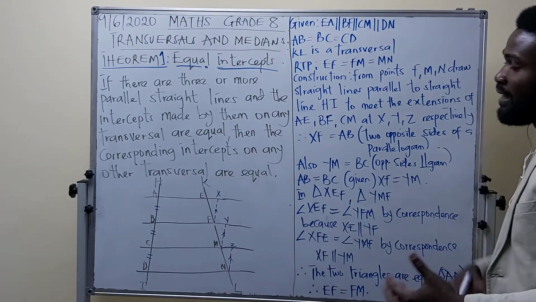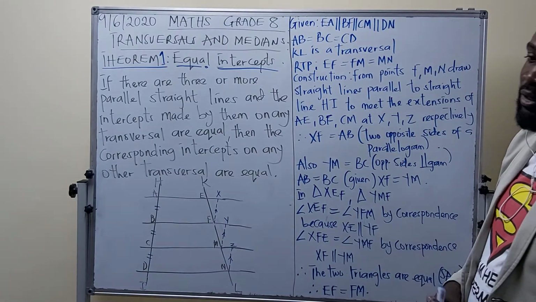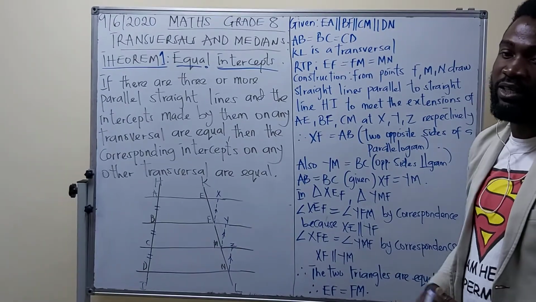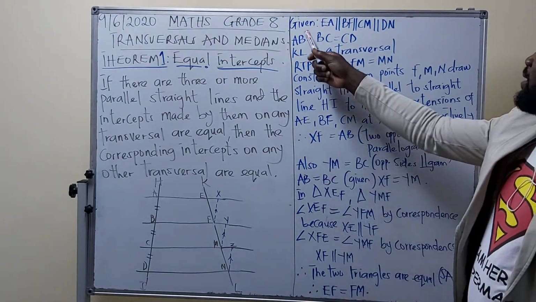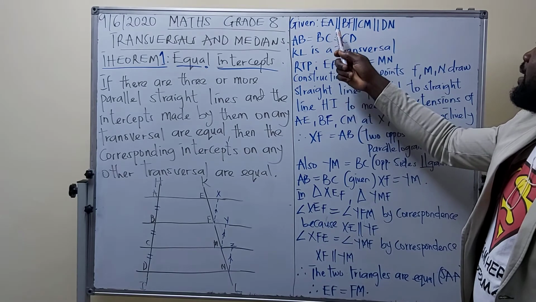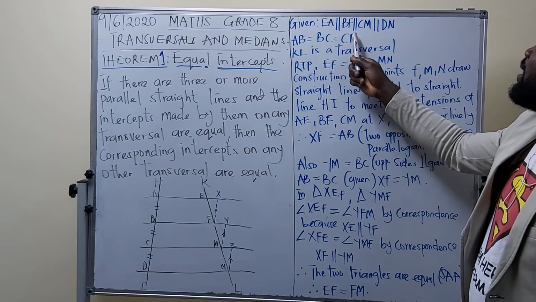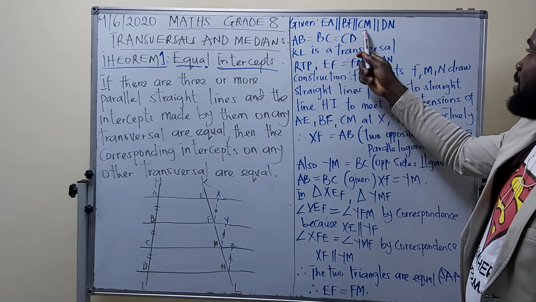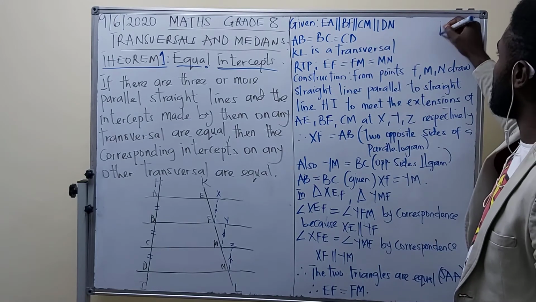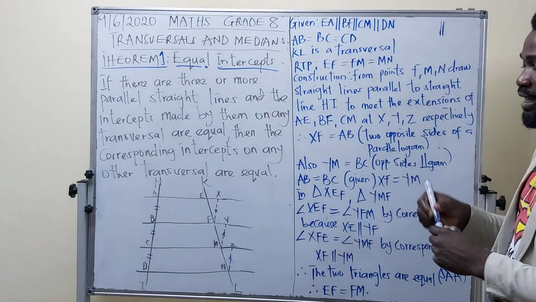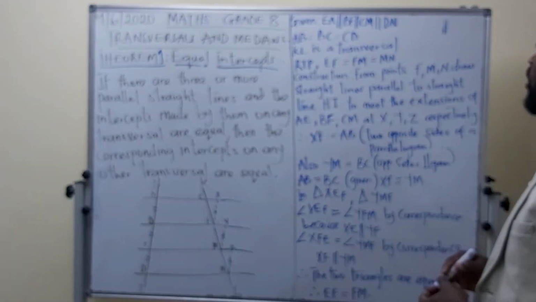Now, in anything that has got to do with proof, we will be given some certain instructions. Starting with this, they said given EA is parallel to BF, and BF is parallel to CM, and CM is parallel to DN. Don't forget, when you see 2 lines like this together very close, it is called parallel.